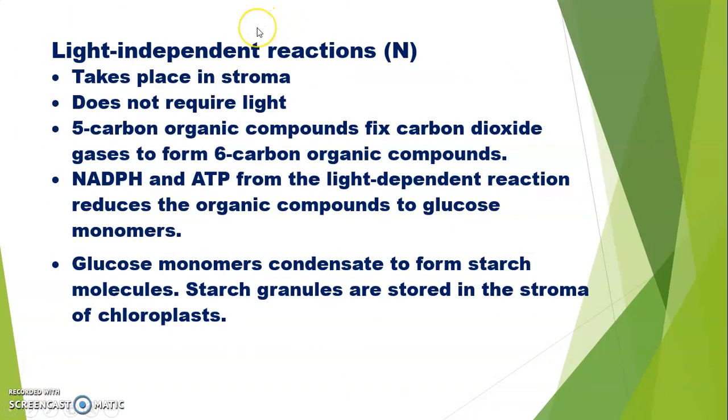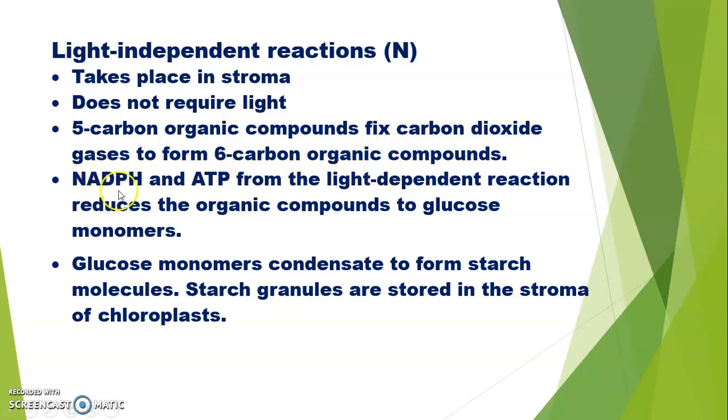And then after the light dependent reaction, it will be followed by the light independent reaction. Here, the light independent reaction takes place in the stroma. It does not require light. And then 5 carbon organic compounds fix carbon dioxide gas to form 6 carbon organic compounds.